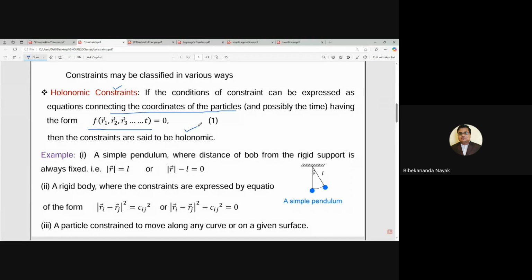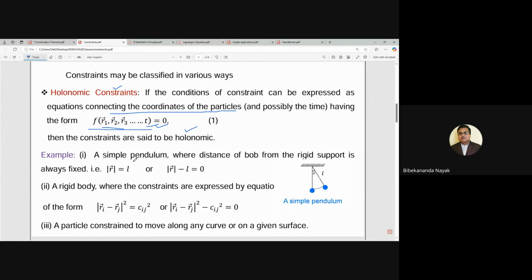Two things are important. In the holonomic constraint case, we have to express the constraint equation with an equality symbol. Second, the constraint equation only contains position coordinates and time. Then we call it a holonomic constraint.